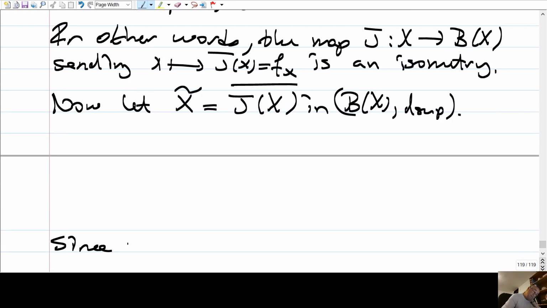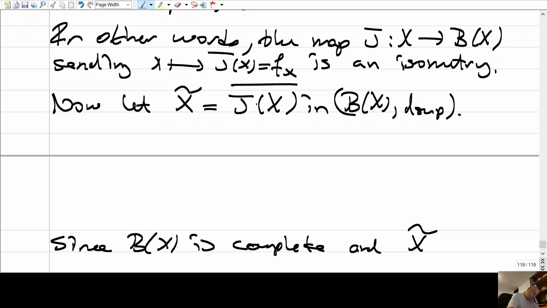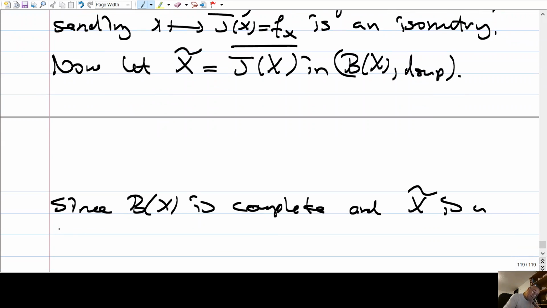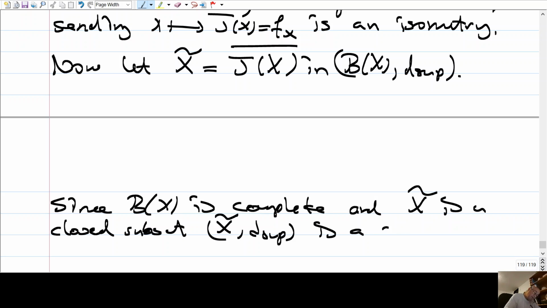Since Bx is complete and x tilde, being a closure, is a closed subset, x tilde with the supremum metric is a complete metric space.